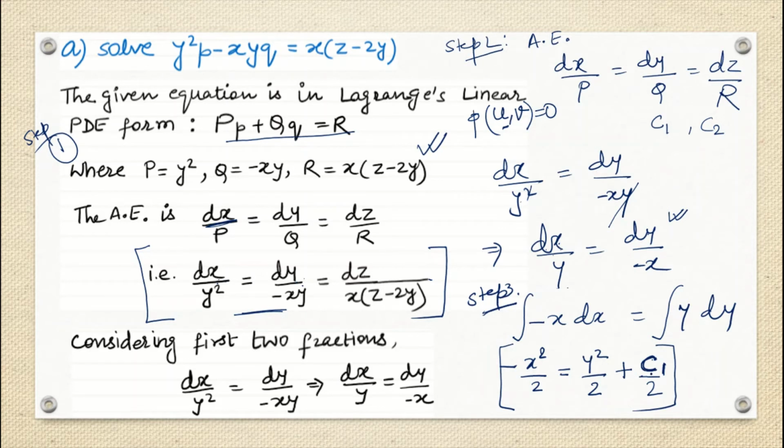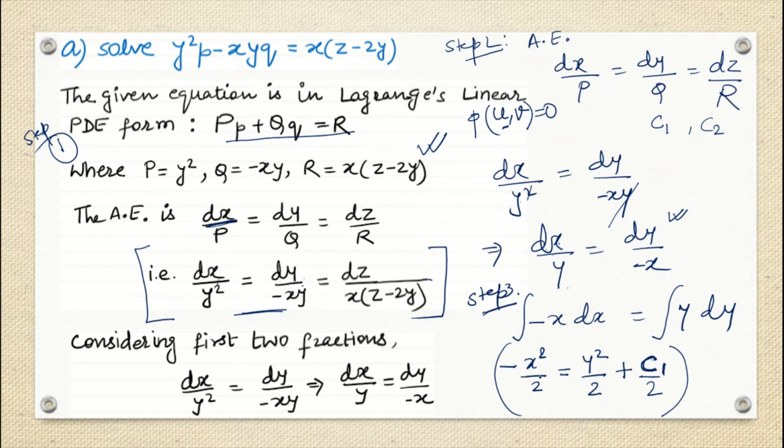One thing I am sure of is that this is some arbitrary constant. So instead of c1, I can write c1 by 2. The reason for writing c1 by 2, not c1 by 3 or c1 into 2, is that I want to make the equation simplified.